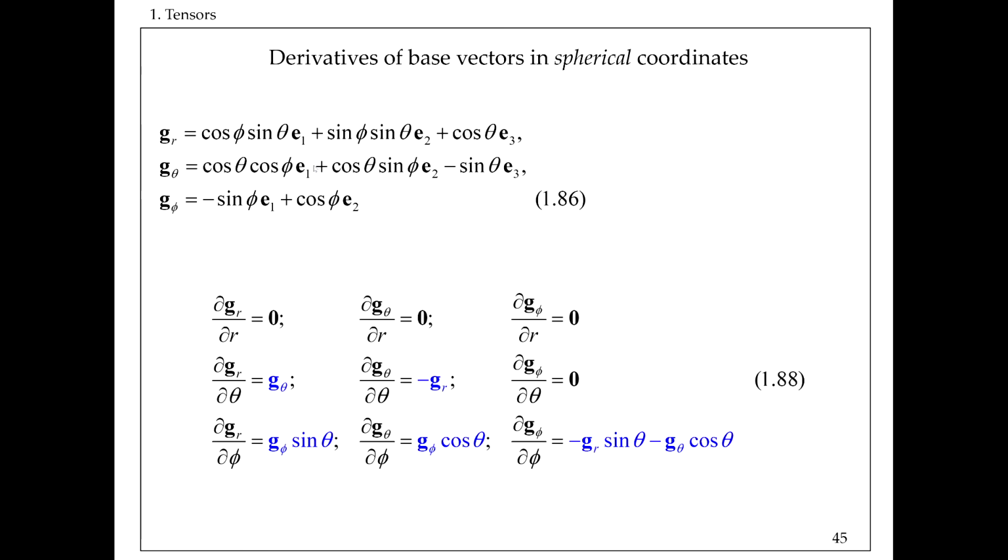And here you can see that we have more terms that are non-zero, right? Again, all the dependencies with respect to r are zero, but we already mentioned there is no dependence of the position on the radius. So all of them are zero.